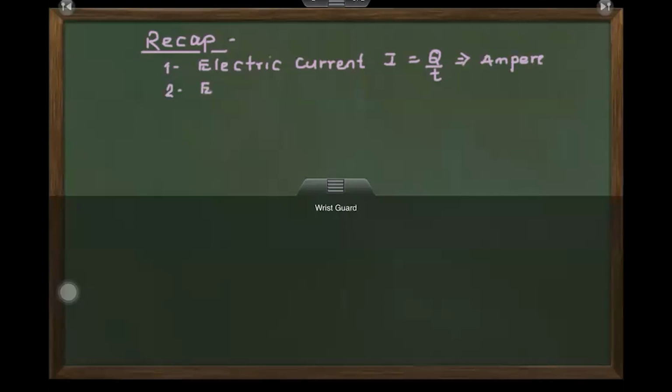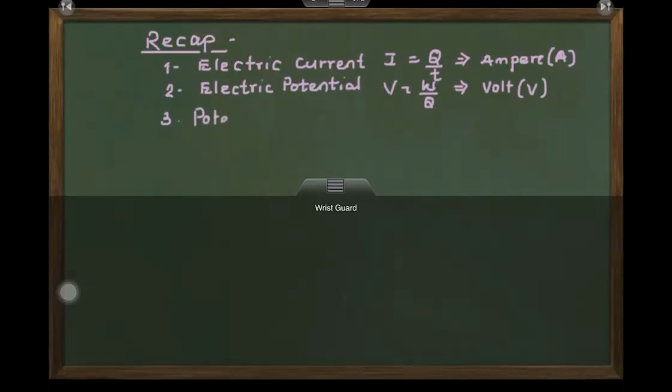The second part you studied that day was electric potential. It is represented by V, with the formula V is equal to W upon Q, and its unit was volt, abbreviated as V. One more thing we discussed that day was potential difference.